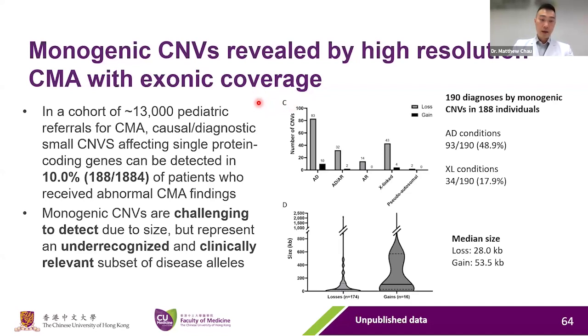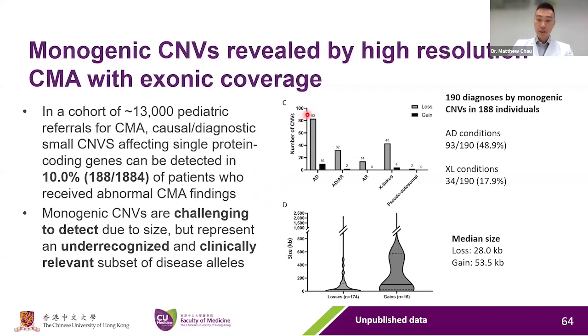And by that, I looked at monogenic CNVs, meaning CNVs that are affecting only single protein coding genes. And pathogenic or causal small CNVs affecting single protein genes were detected in about 10% of cases who receive abnormal findings. So this highlights the importance of their contribution to CNV disease-causing alleles, and they are challenging to detect because of their size.